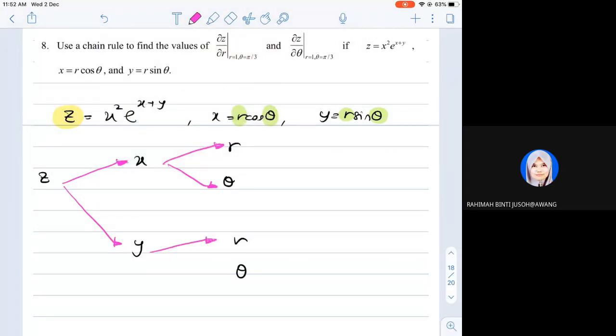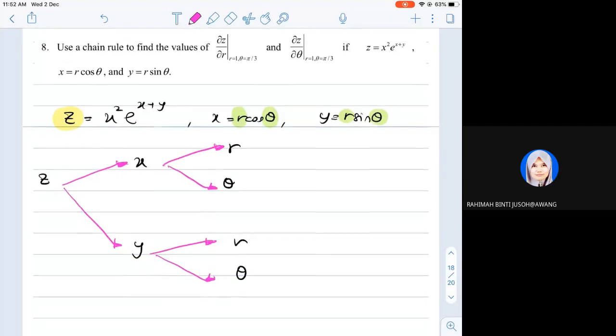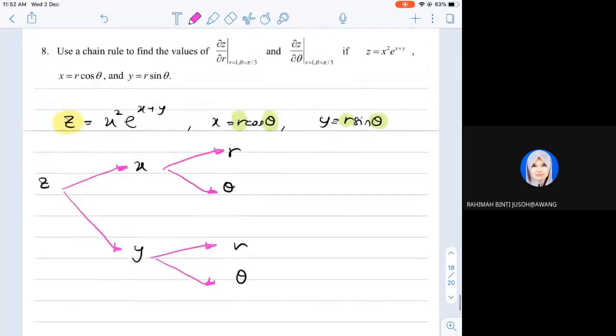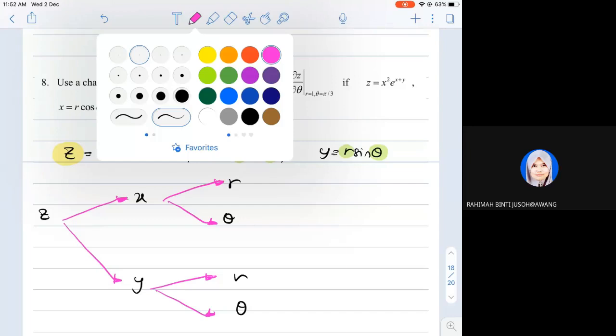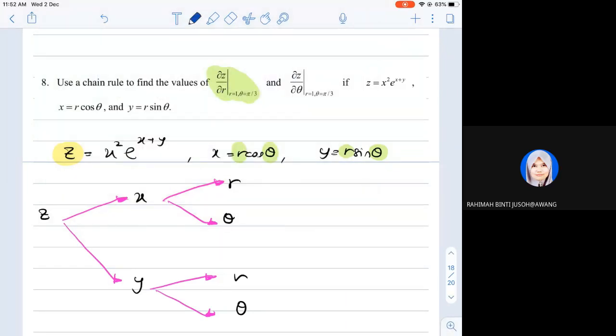Now let us do del z over del r. First of all, let us put all the operators in the chain rule. The first branch is del z over del x, the second branch del z over del y. Now from x to r, should it be del or d?